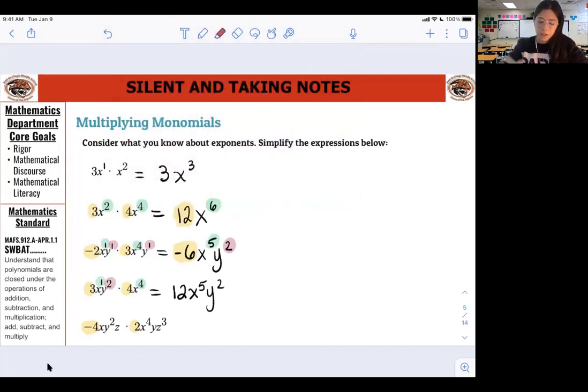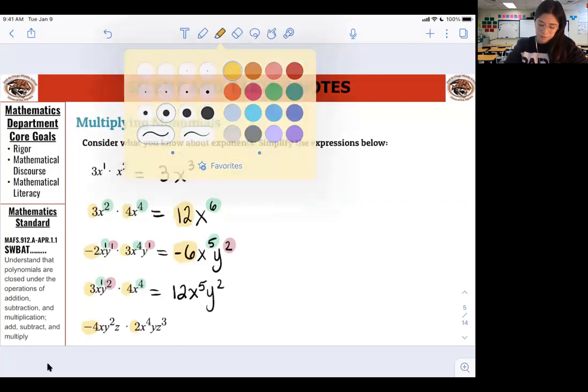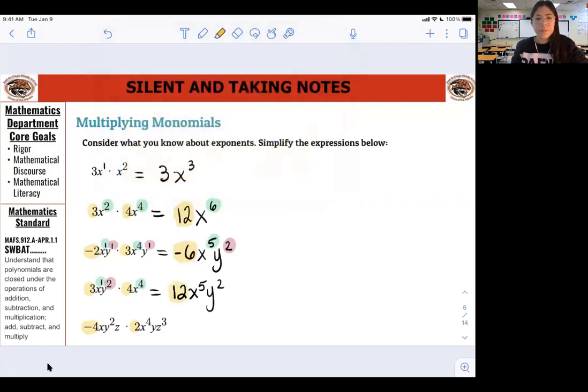Questions on these so far? Not too bad, right? Okay, so last one. Negative 4 times 2, that's negative 8. What exponent does my x get? A 5. Good, a 5. Because there again, there's an invisible 1.